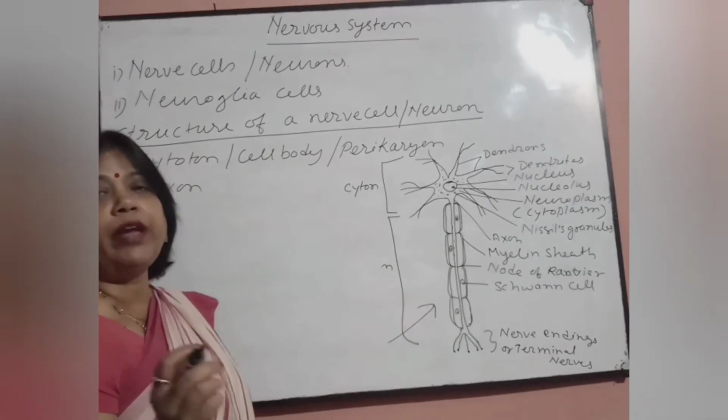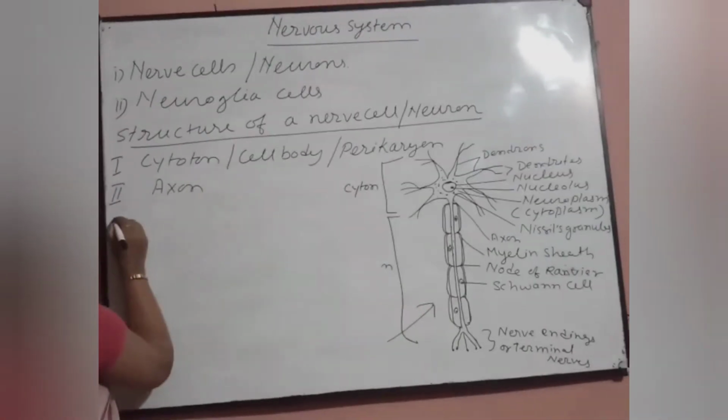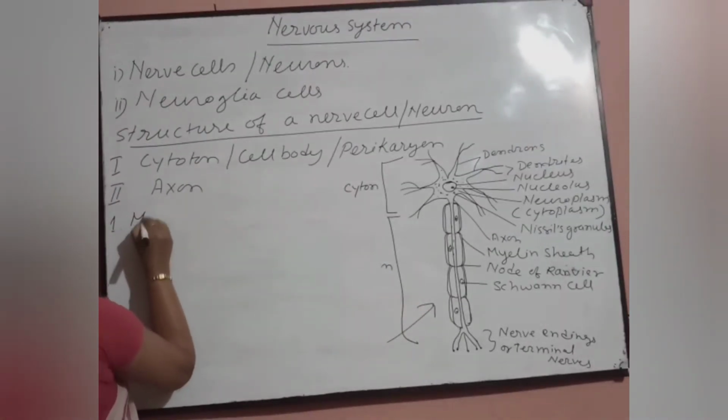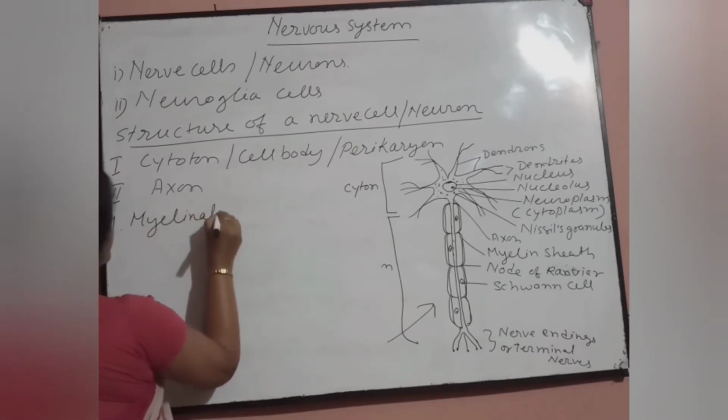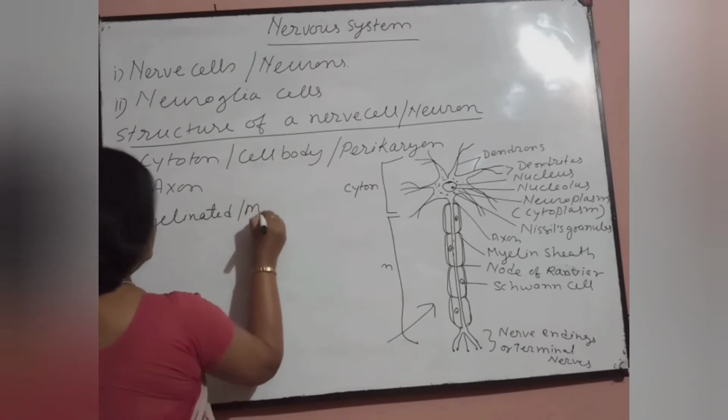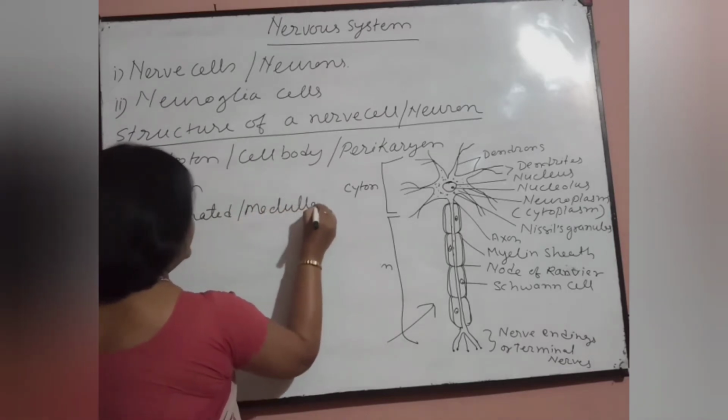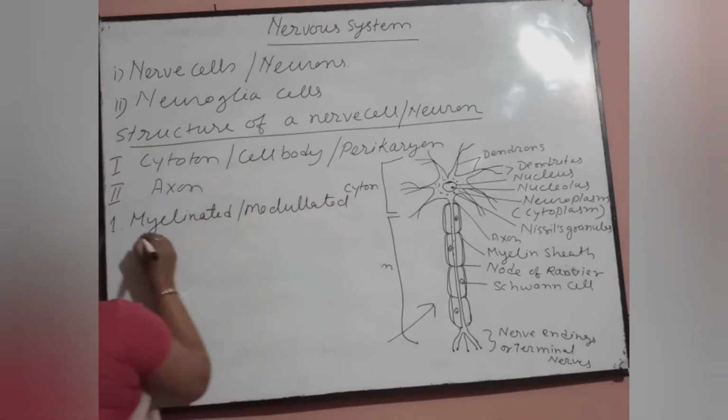So there are two types of nerve fibers. First is myelinated or medullated nerve fibers.